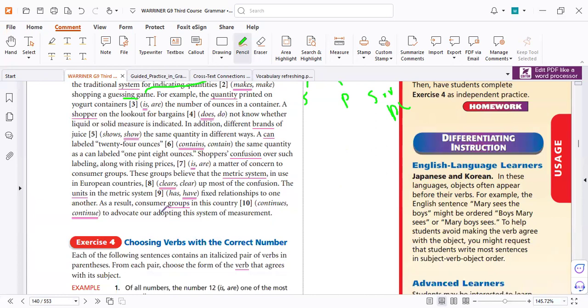Find the phrases. As a result, the conjunctive adverb, no; preposition phrase, infinitive phrase, preposition phrase. What is left? Consumer groups. So your subject is a compound noun, and we're talking about the groups of consumers.